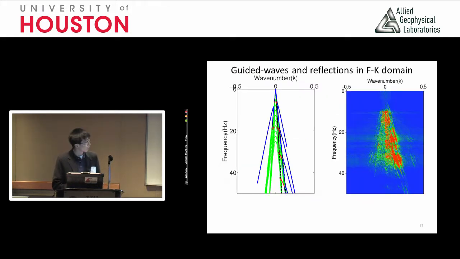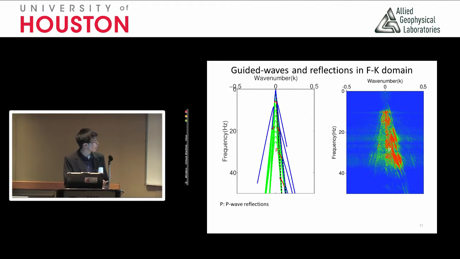And also, because we can extract our shear velocity, now we are going to think about how we can get rid of this guided wave from the shot gather. We transform our shot gather into the FK domain, which is this. The blue curve over here is the normal mode, and the leaky mode is this red curve.